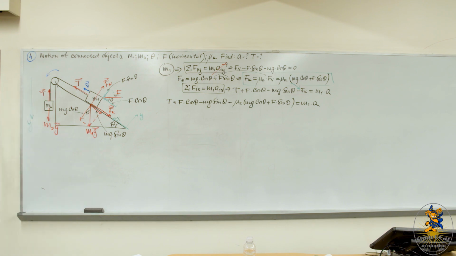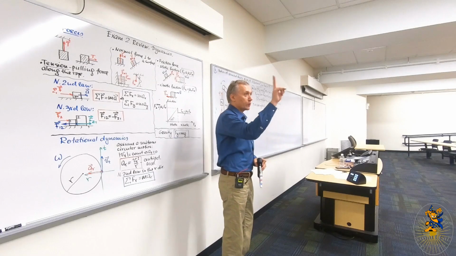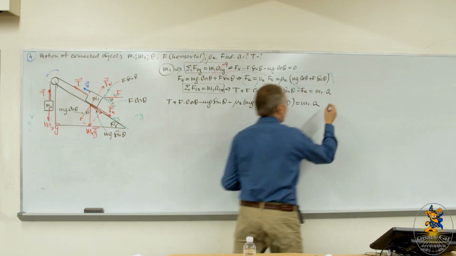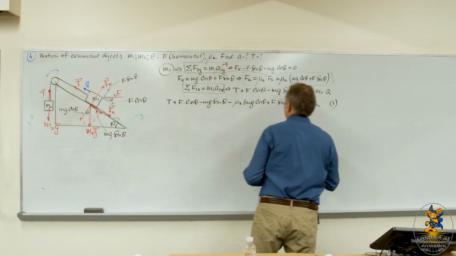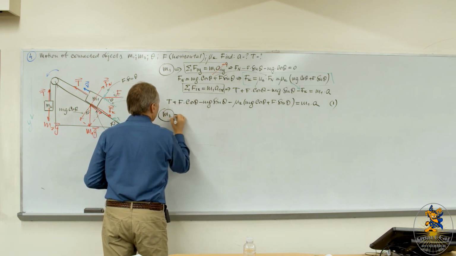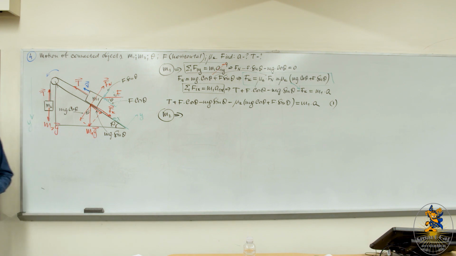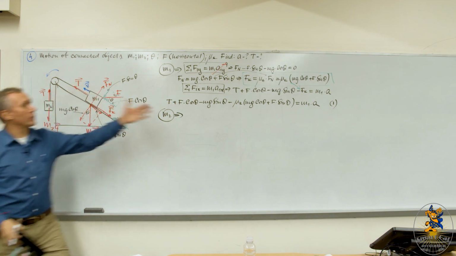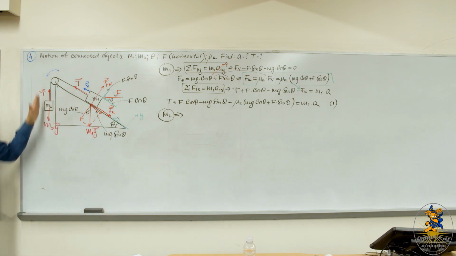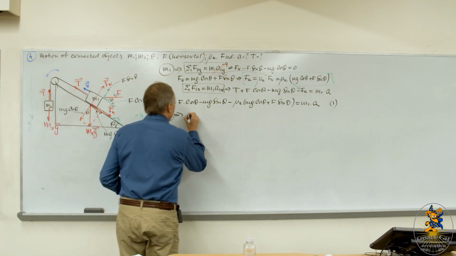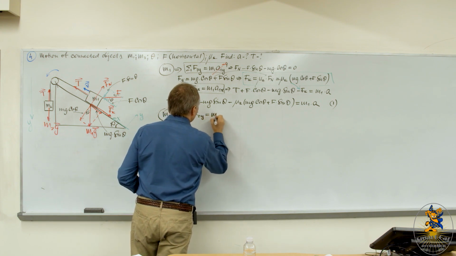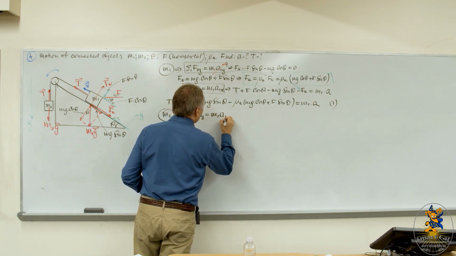So that will give us the second equation, and as a result, we'll have two equations with two unknowns, which can be solved. So this is equation number one, and now M2, the second box. You see, for M1 we apply equations in the y direction and x direction. Here, only one equation: the sum of the forces acting on the second object in the y direction equals M2 A2y.